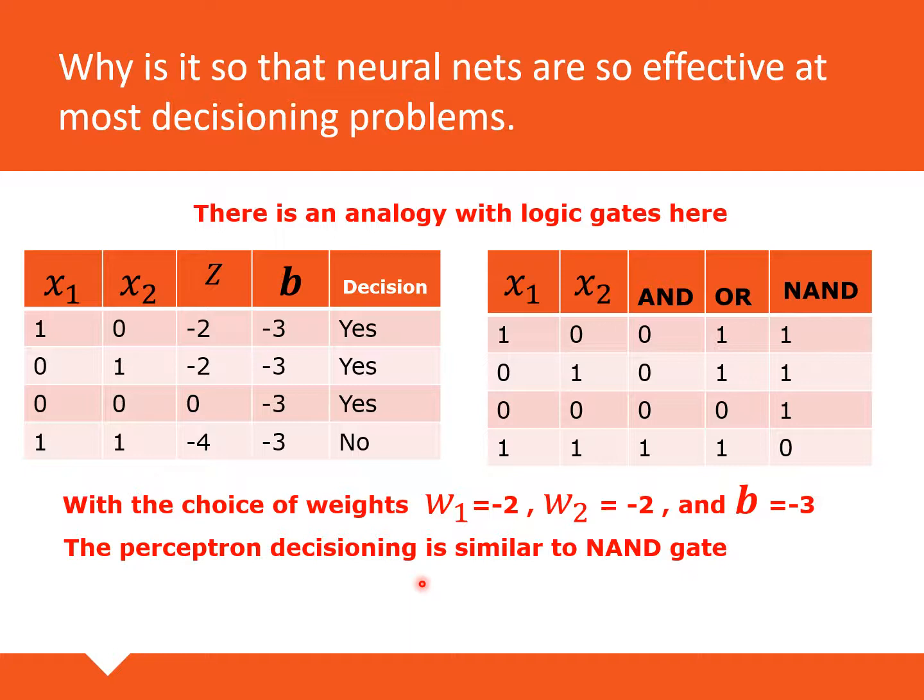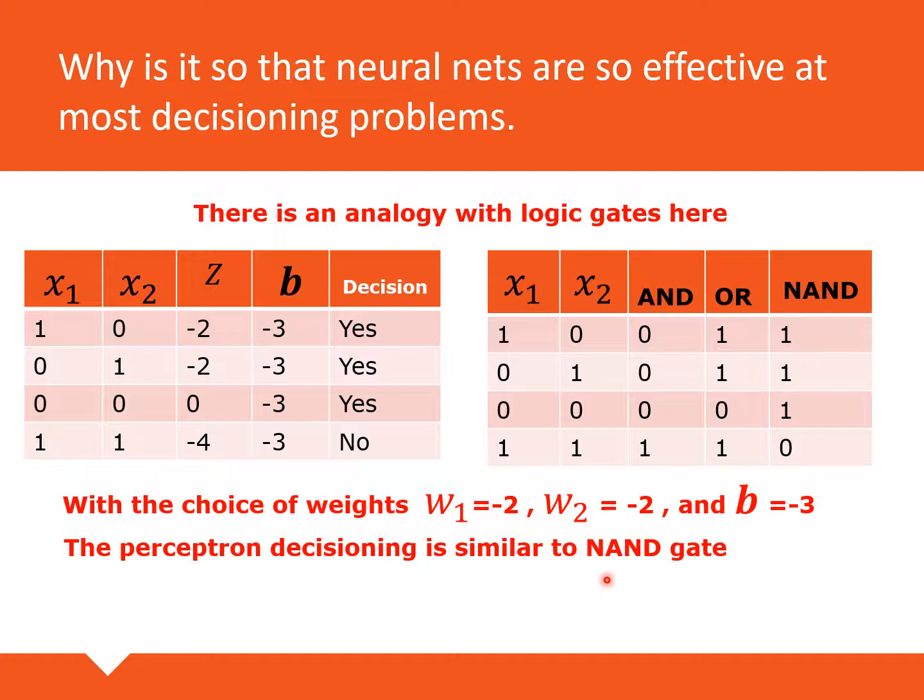When we used to build those circuit diagrams using logic gates, this was a familiar concept that we used to have, that NAND is a universal gate, and hence it can be used to reconstruct any other logic gate, and hence any decisioning in the circuit diagram can actually be achieved by using a collection of NAND gates.